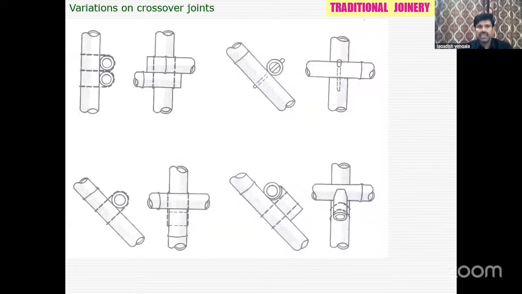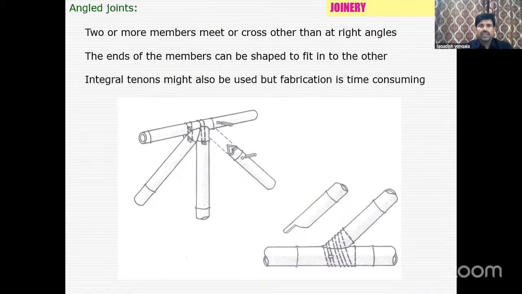And for variations in these crossover joints, you can see how it can be done to the main column, and how the members can be joined, because we go with columns and beams at different angles. So one can go with different crossover joints, which you can see in the pictures. Also, you can go with different angle joints.